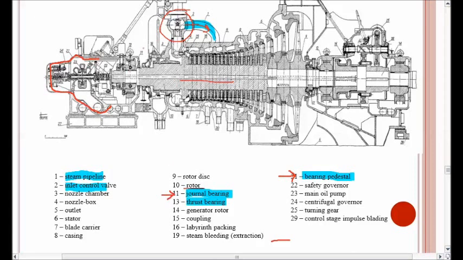Here we can see it, this part. The journal bearing sits upon our pedestal. This part is a pedestal on which a journal bearing is coupled. A journal bearing usually assists the rotary motion so that friction is reduced.